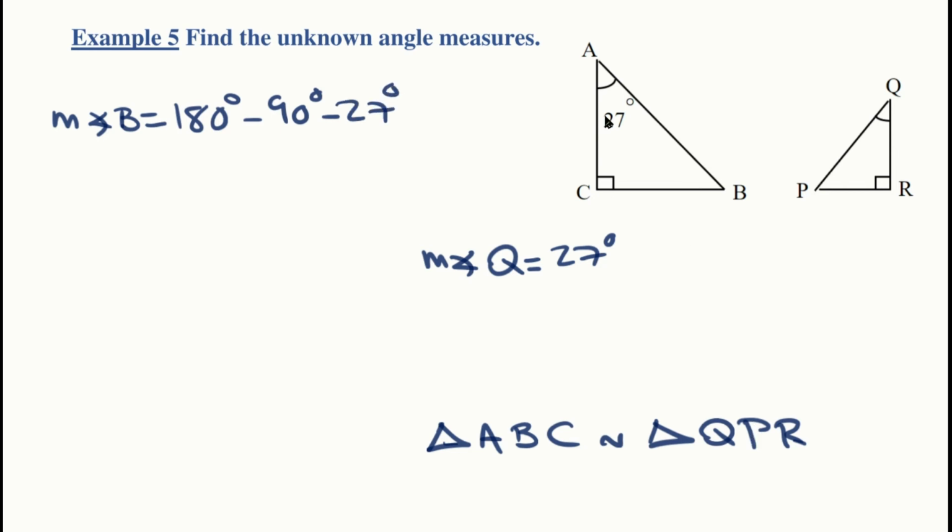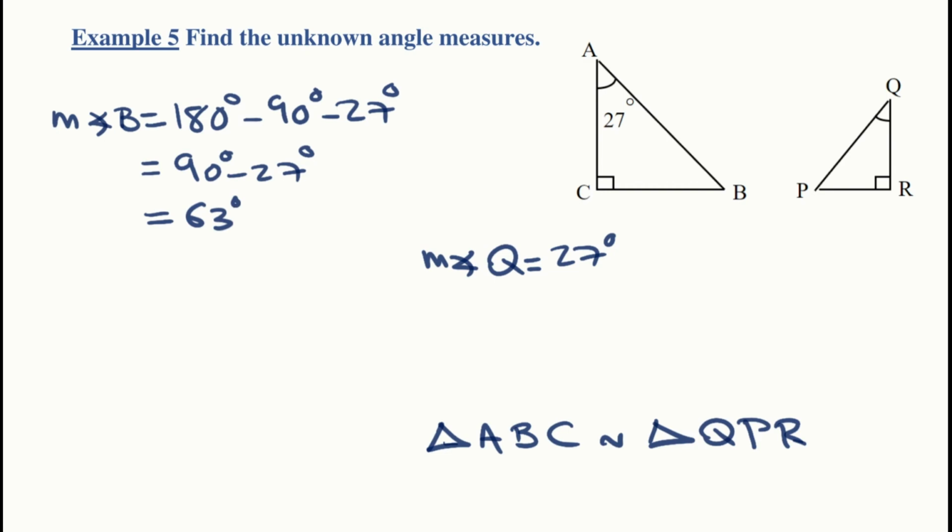Because all three of those angle measures should add up to 180. So any of them is going to be 180 minus the other two, right? So that's going to be 90 degrees minus 27 degrees, which is 63 degrees.